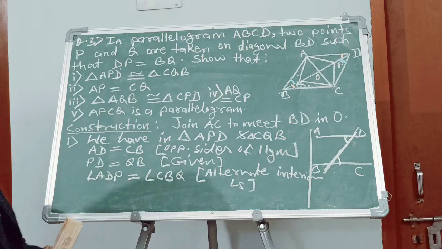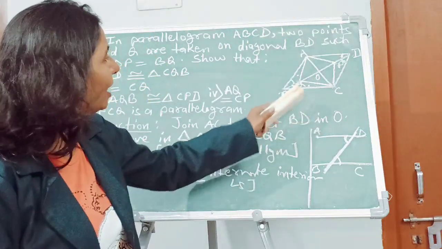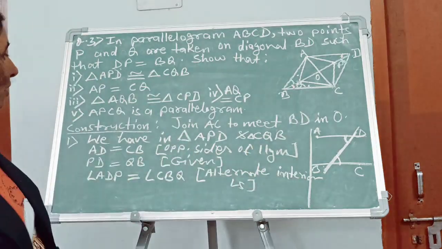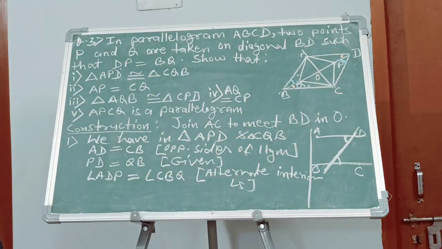Now let us see what we are seeing. Side angle side of one triangle is equal to side angle side of another triangle. So we can say that these two triangles are congruent by which criteria? SAS means side angle side.